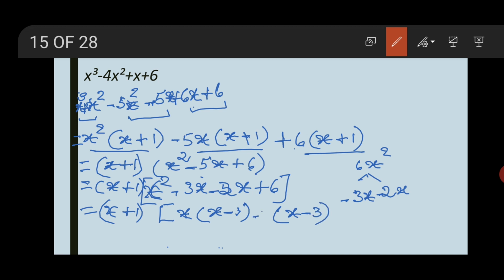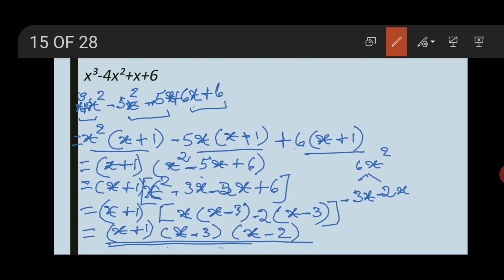So minus 2 take outside. Okay, it becomes x plus 1 into, again the common factor is x minus 3, take outside. What is remaining? x minus 2. In this way we can factorize the given polynomial.